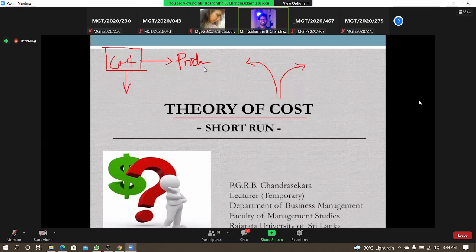So to maximize the profit, you can take two different approaches. The first approach is the increase of the output with an available cost.